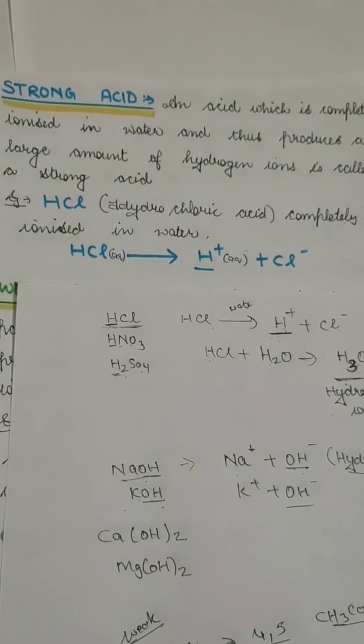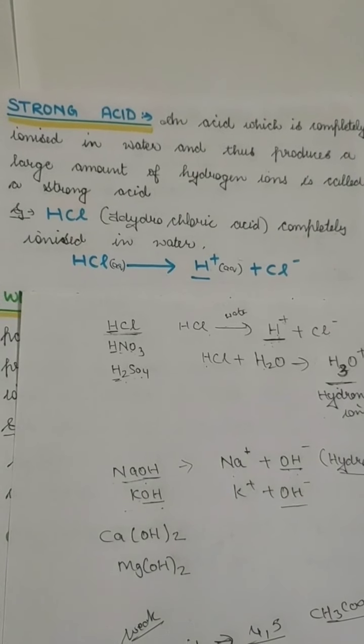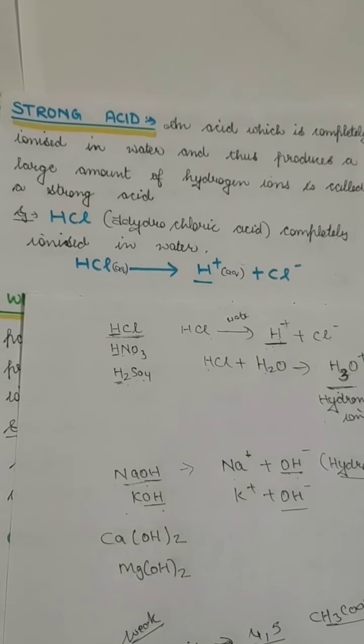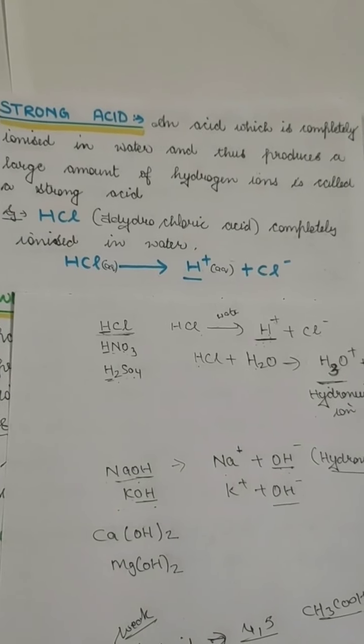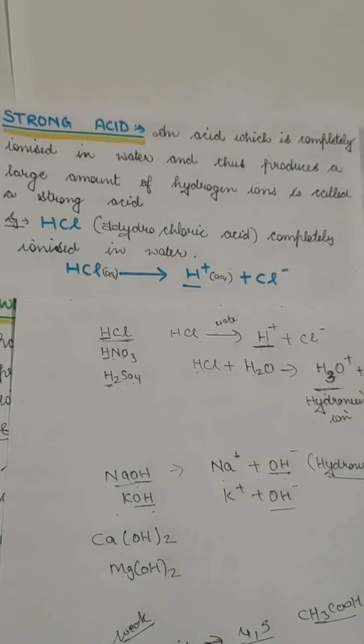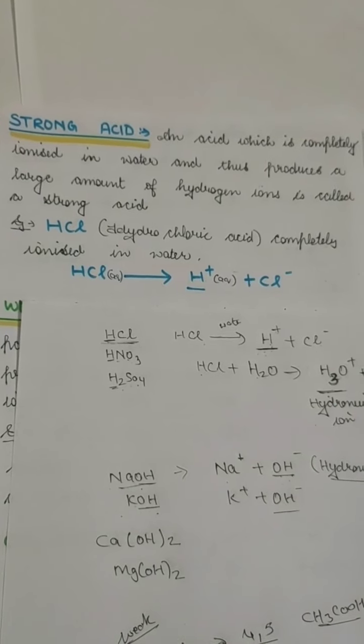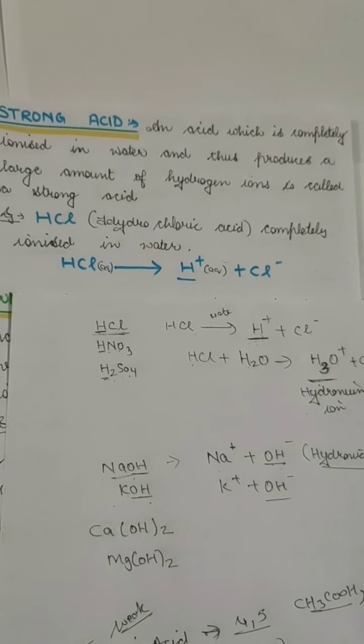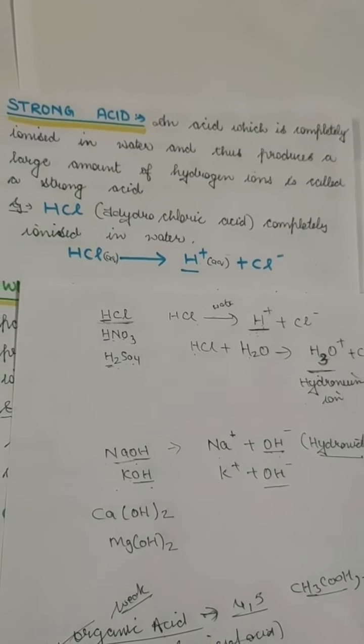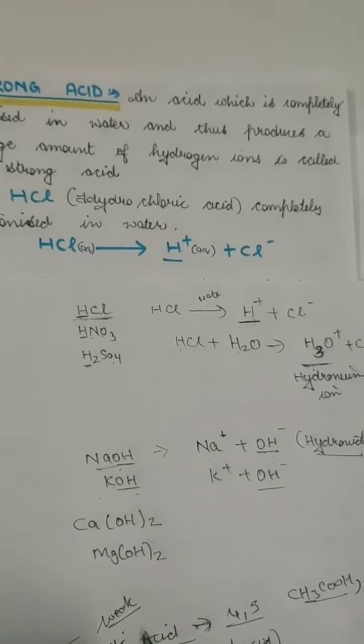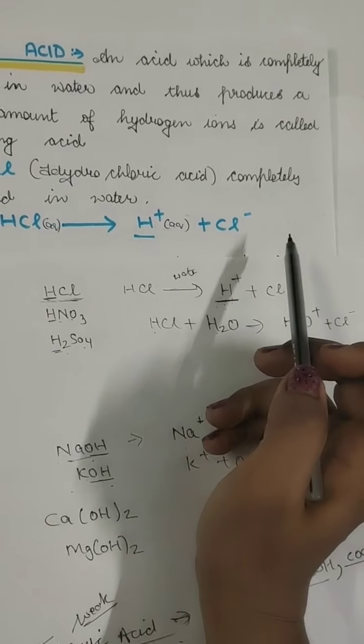If you dissolve them in water and check the concentration of H plus ions, the lemon juice will have a very low concentration of H plus ions, whereas HCl will have a larger number of H plus ions. So the strength of an acid depends upon the number of hydrogen or hydronium ions.